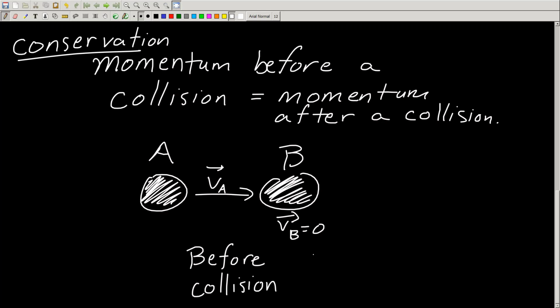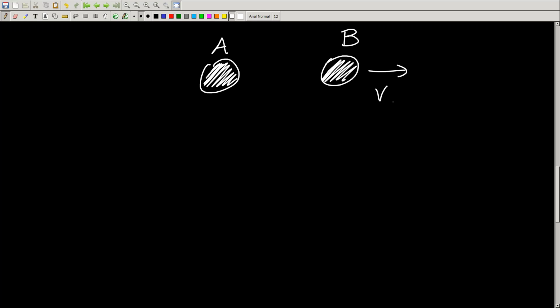And then after collision, ball B is going to move a certain amount due to the fact that it's gained some velocity due to the impact from A. So ball A is going to make an impact with ball B, and ball B is going to move, okay, forward at some new velocity VB.